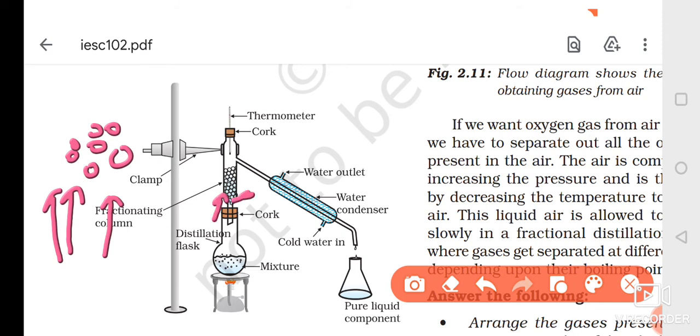The beads here will condense my vapors and the vapors will start moving down. Again, due to heat, the vapors will start moving up, and the beads will condense them. Again it will get the heat and move up to the top of the column. Once they reach the top of the column, they will move to the condenser and get separated out.